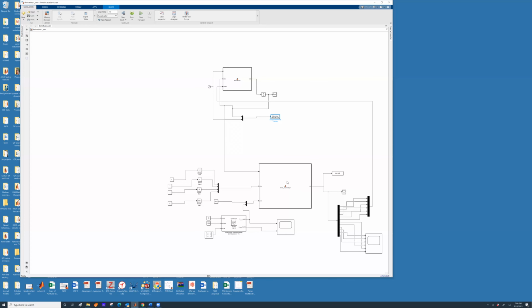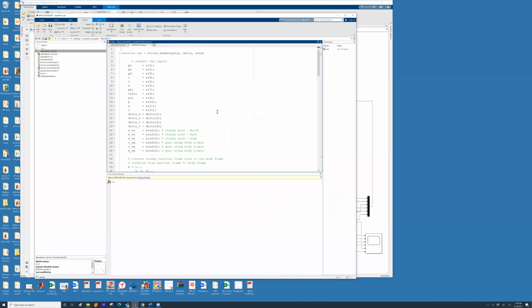So let's take a look at quickly what the forces and moments function is doing. This is the exact same function we dissected in the last class. This function has an input x, the control variable input, and wind speed. Please note, this delta has to be in radians, so you will have to add a suitable gain so that this delta is converted into radians.